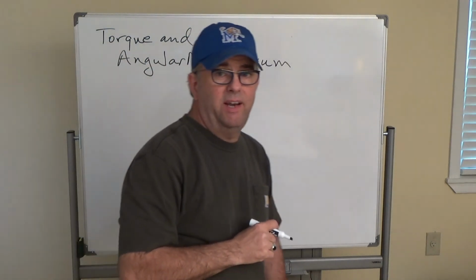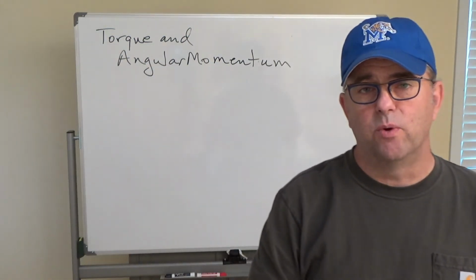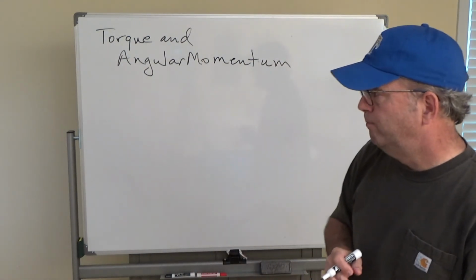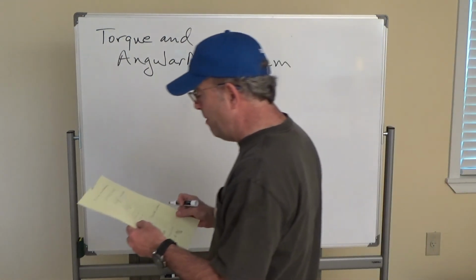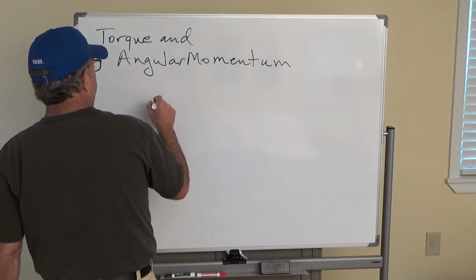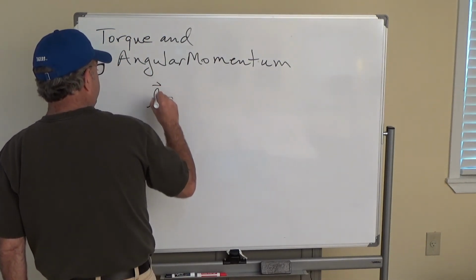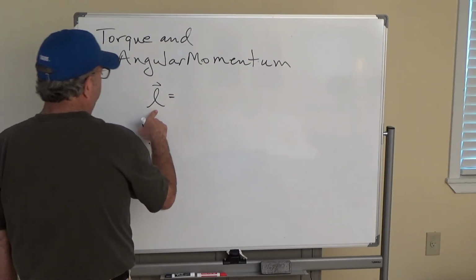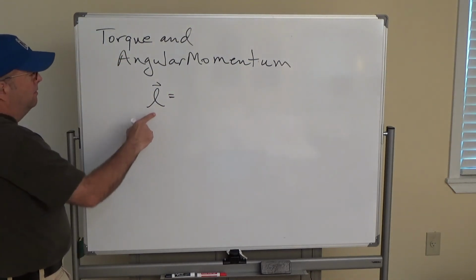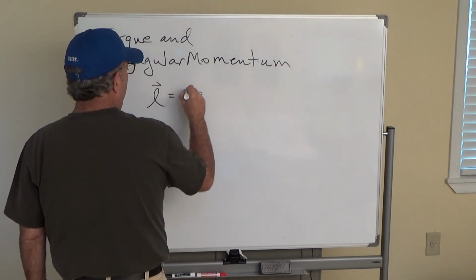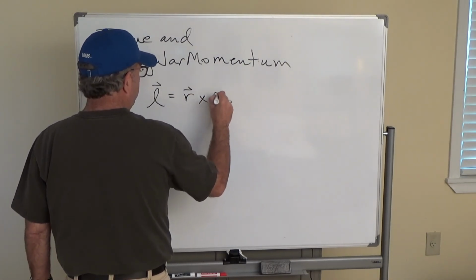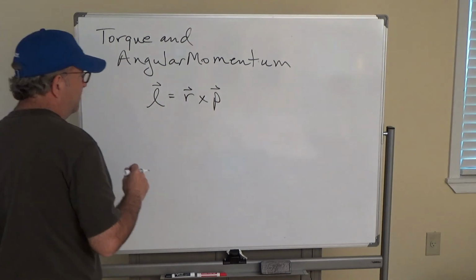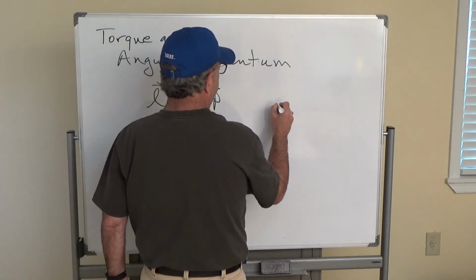We haven't defined angular momentum, but you can imagine what it might be. Angular momentum, I'll write it in a fancy way right now. We usually give it the letter L. L is equal to R cross P. Let me explain what that means.